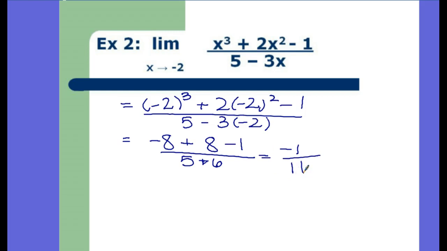So you get -1 over 11. It's pretty straightforward. Not very complicated.